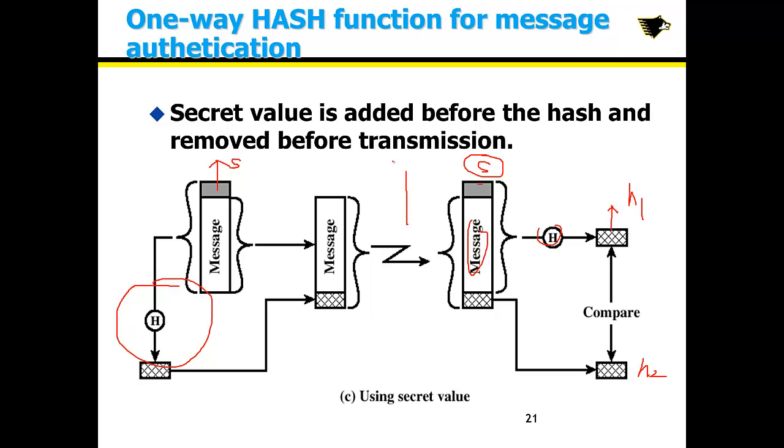Because the attacker does not have the S value, even if he has the message and the hash function, the code he creates, we call it H3, is impossible to equal H2. So that can be used to verify whether the message is modified or not.